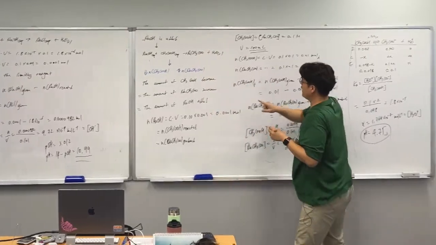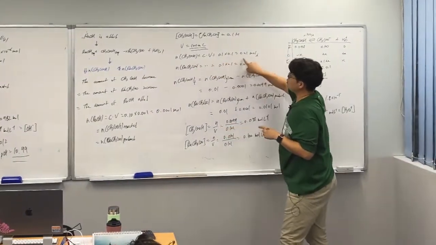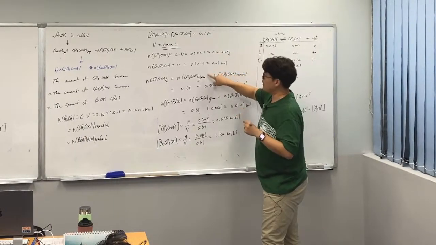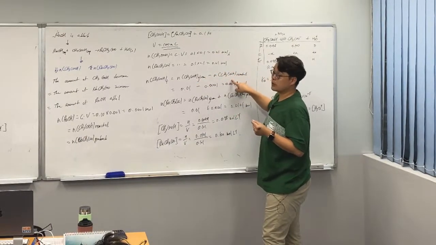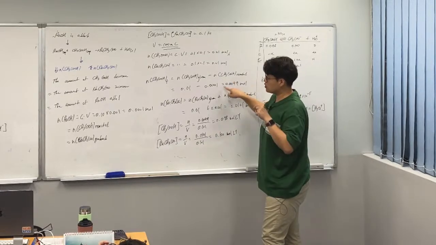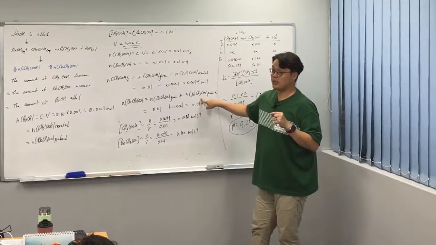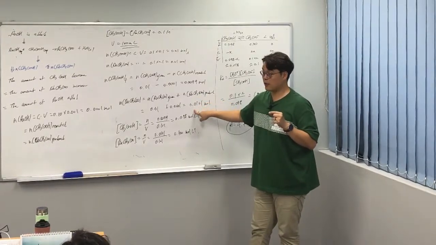So what we have done is find the initial number of moles of acetic acid and sodium acetate, then subtract the amount reacted to get 0.099. We added the amount of sodium acetate produced to get this much over here.